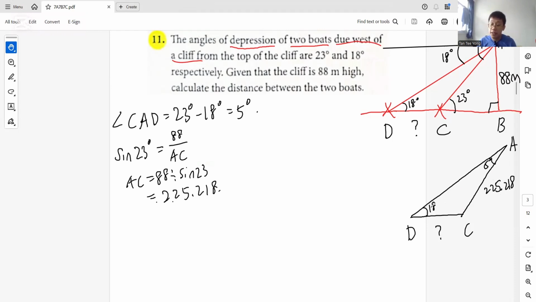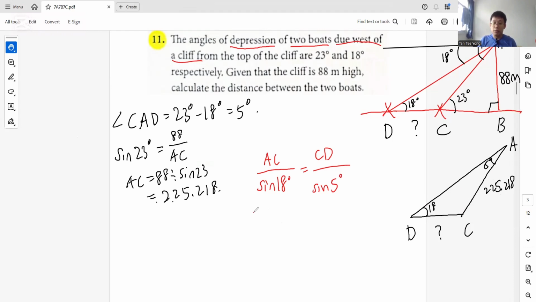Definitely we can use sine rule now. So sine rule goes like this: AC over sine 18 degrees equals CD, the distance between the two boats, over sine 5 degrees.